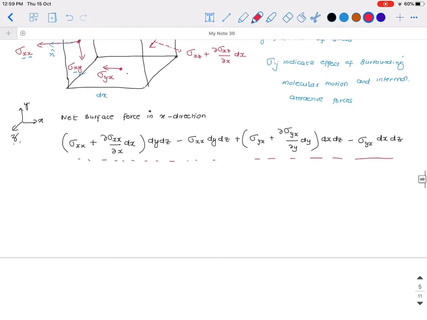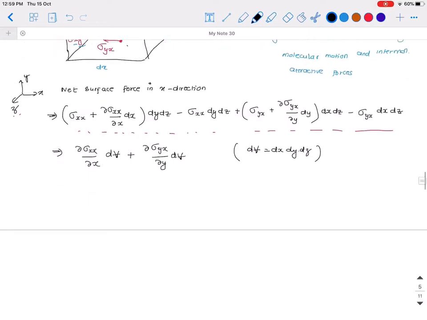Okay, so now from here some terms will get cancelled. What we get is dou sigma xx by dou x times dx dy dz, the volume, plus dou sigma yx by dou y times the volume of the element. Okay, so the volume of the element is dx dy dz.